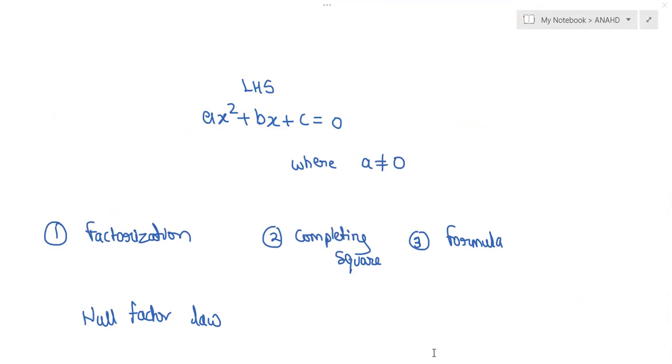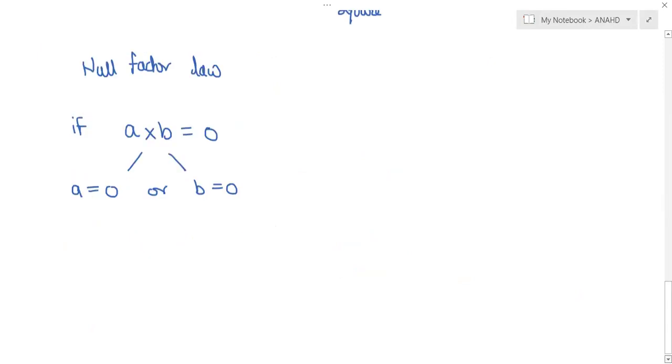Let's try one example here, a very basic example: x squared is equal to 3x. As I said, in this particular equation, you have to make this into the standard form.